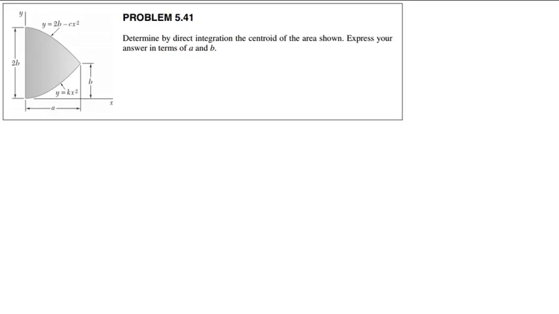All right. Let's see. Can we solve for this one? What could we do? This one looks slightly evil. Well, let me think.